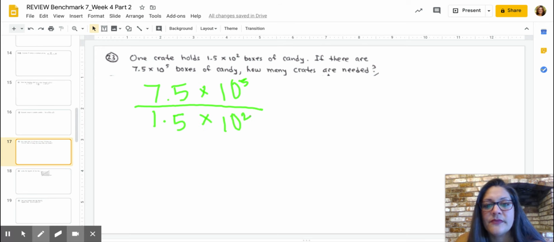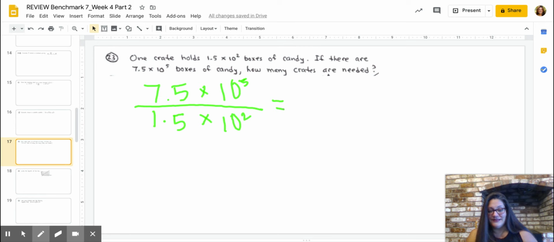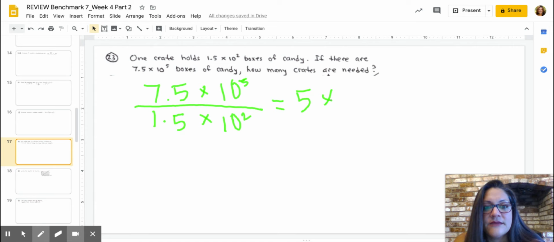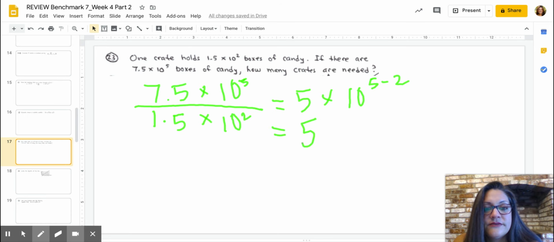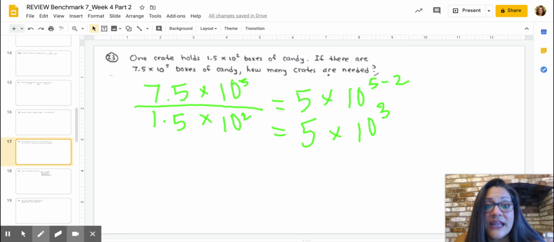I was thinking 0.2 crates. That's not much. 7.5 divided by 1.5 makes much more sense, is 5 times 10 to the 5th minus 2, 5 times 10 to the 3rd. Okay, so that's our answer.